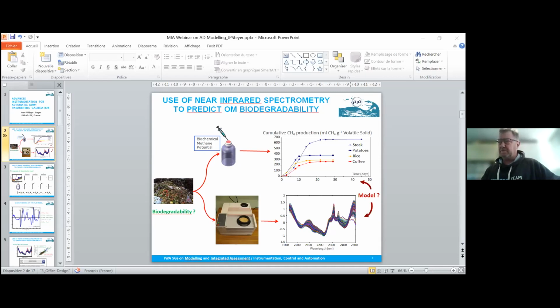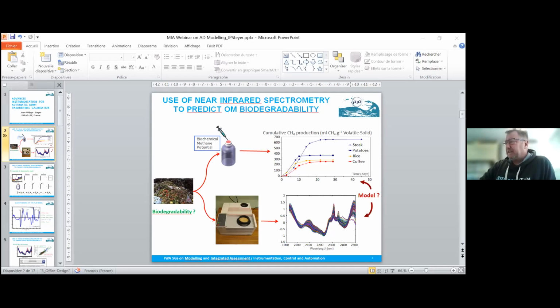And in order to do this, you have to make a model, and you have the B coefficient here, which will multiply the absorbance of each wavelength by a number. And here you have the B coefficient of the model, and you can see that it's varying with the wavelengths.